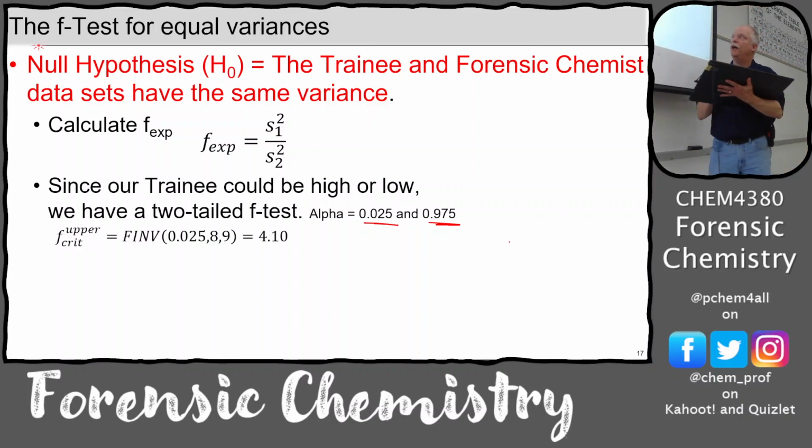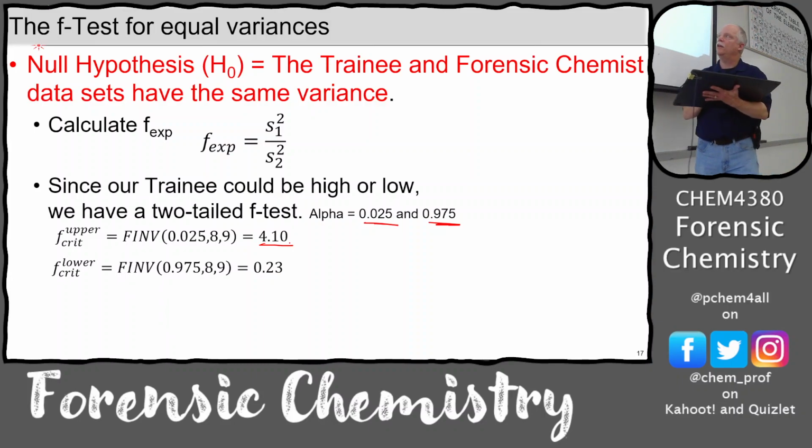So this is the F upper value. And we have the degrees of freedom for each. This was for n equals 9, so 9 minus 1 is 8. This was for the forensic chemist, n equals 10, so 10 minus 1 is 9. And this is the 0.025, so 4.1 is our critical value.